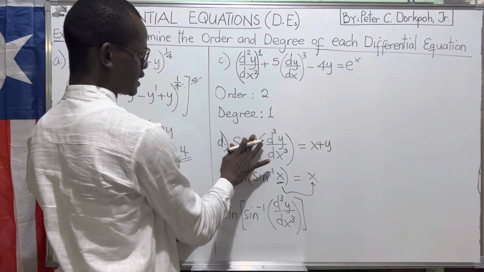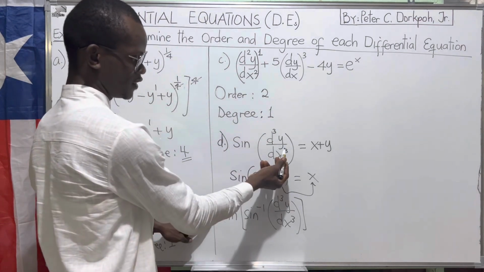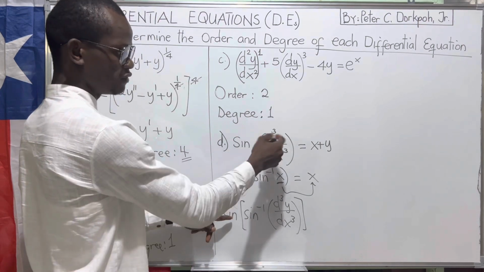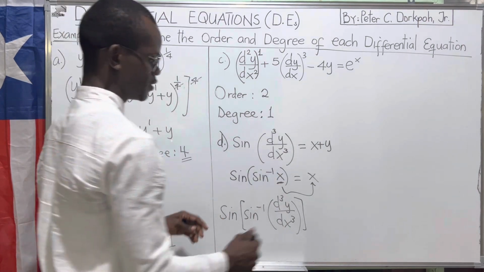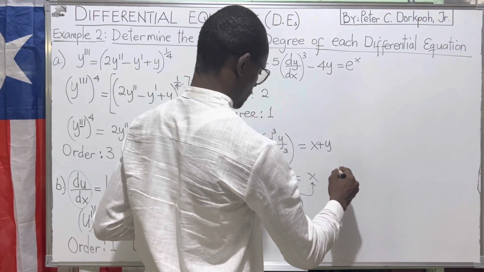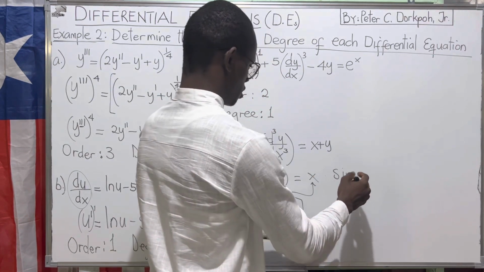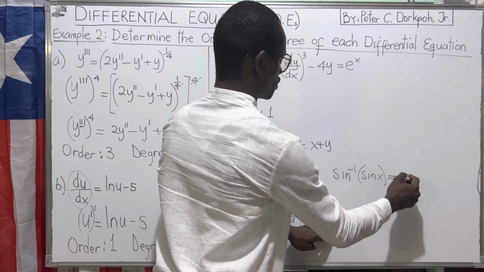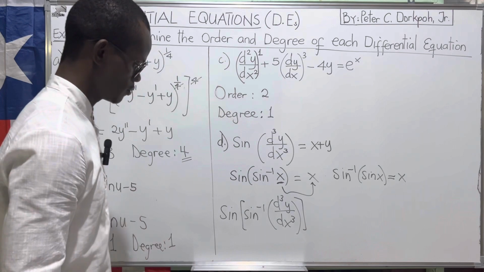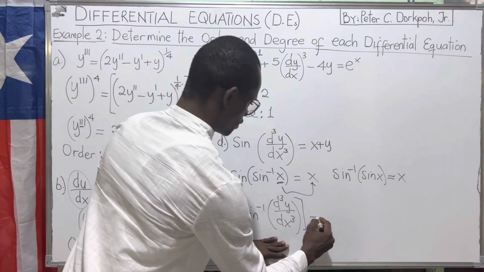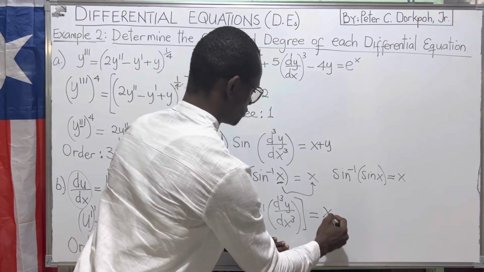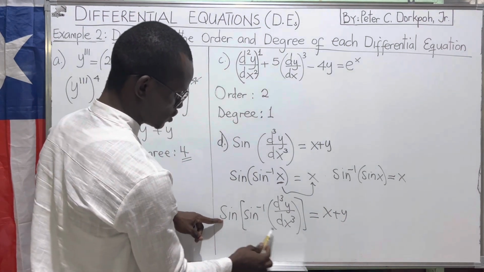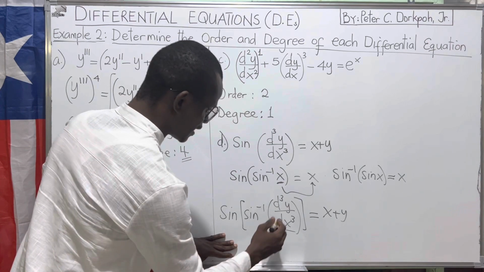If this was just sine of x, we would have taken sine inverse of sine of this function, right? Because sine inverse of sine of x is also equal to x. So this is now equal to x plus y. Sine inverse of an angle is equal to that angle.